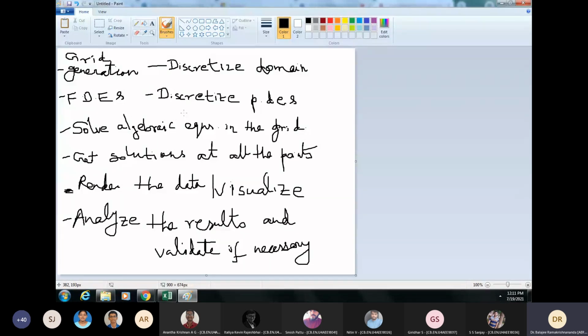The first one is we seek solutions not as continuous functions. Suppose analytically you have y is equal to x squared plus 2 as one equation. It's easy. Given any x, you can find y. But instead of that, we are giving it in table form.